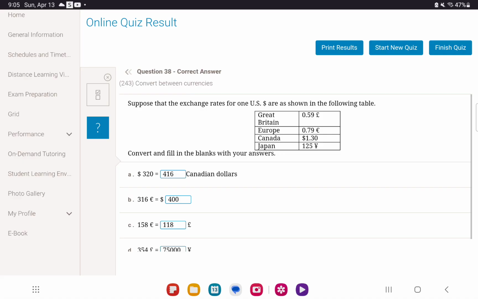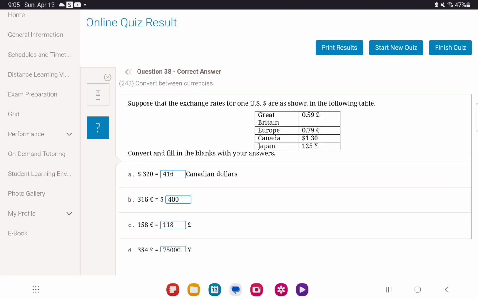And here they're telling you European pounds, I think, European euros, whatever. I don't really know money. Euros. I'll just call it euros, by the way. 316 euros, the rate is 0.79. So 1 US dollar is 0.79 euros.